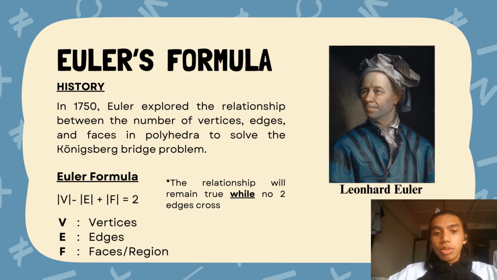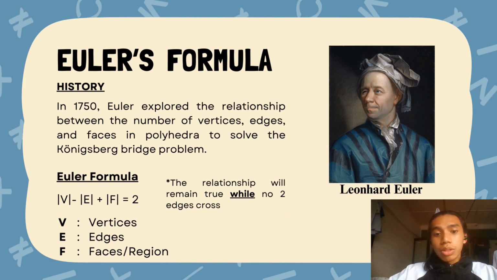While solving this problem, Euler explored the relationship between the numbers of vertices, edges, and faces in polyhedra, which led to the development of Euler's formula, V minus E plus F equals 2, where V represents the vertices, E represents the edges, and F represents the faces or regions.